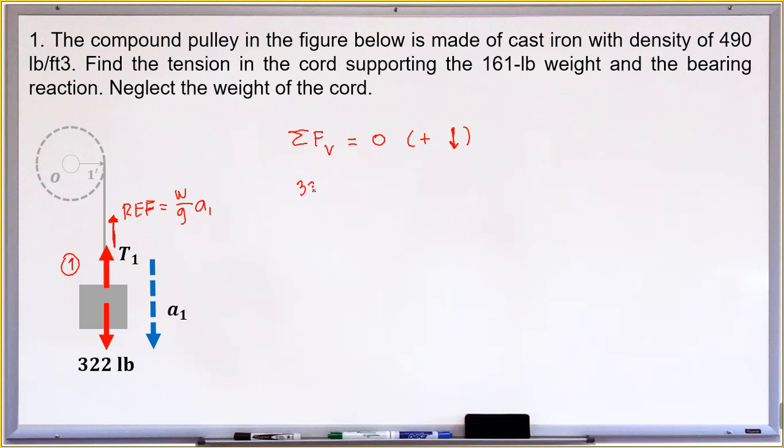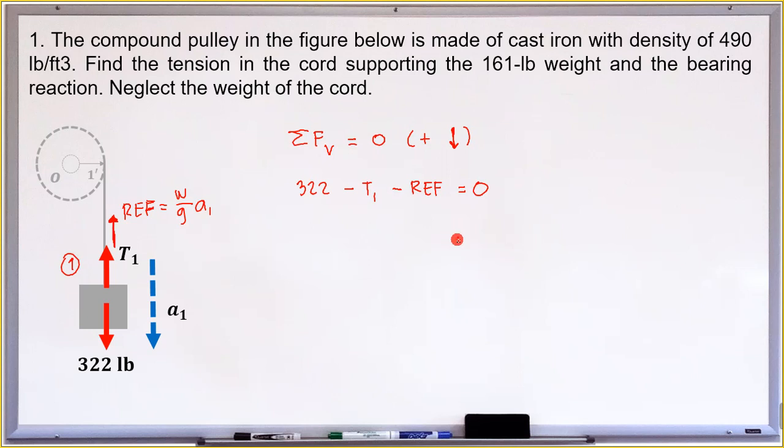We have the weight, 322 pounds, minus tension 1, and then minus REF. Then that is equal to 0. Is that right? Okay, correct.